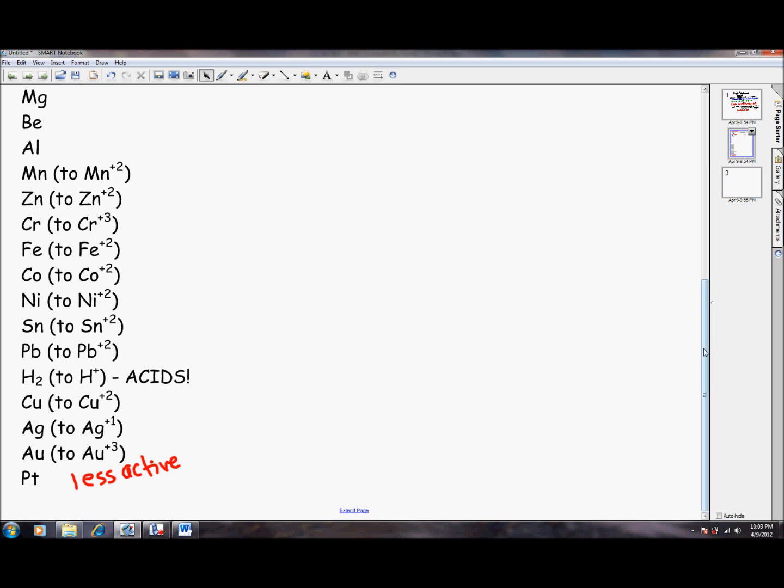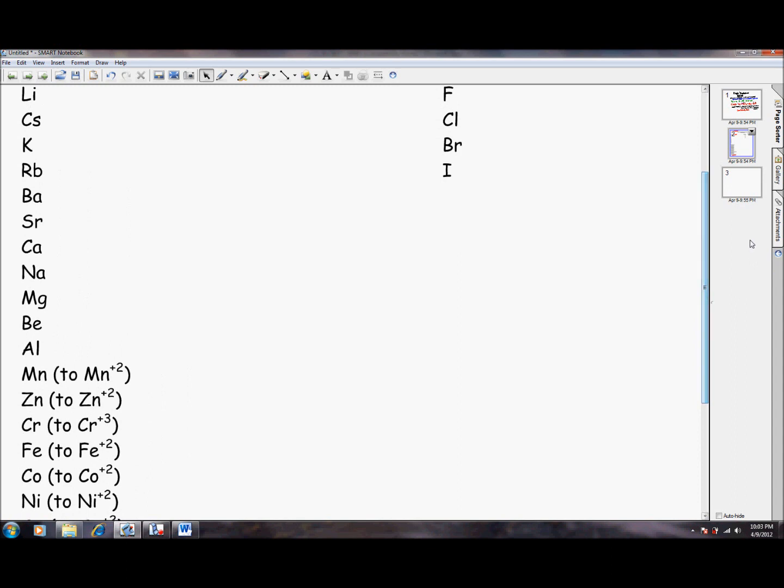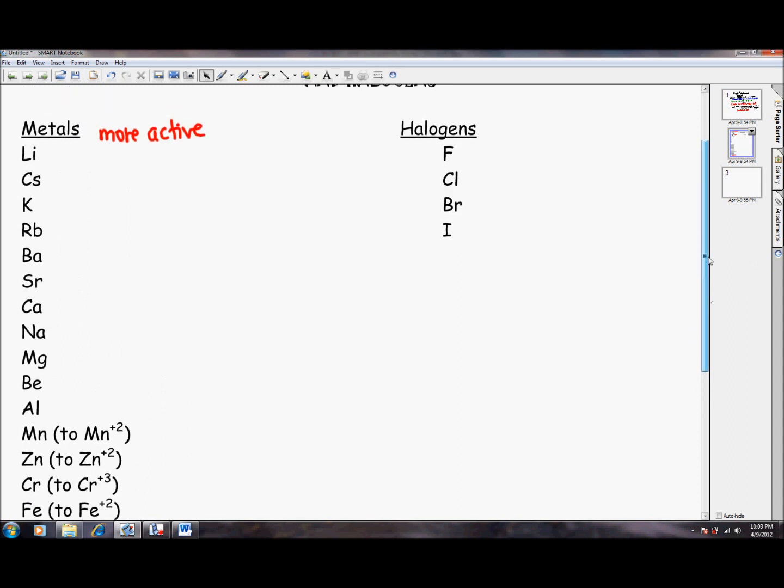So when you're looking at your single displacement reaction, you're going to be looking and saying, okay, which one's element A and which one's element B? Then you're going to look up element A and element B on the activity series, and you're going to determine if element A is higher up, meaning it's more active than element B.